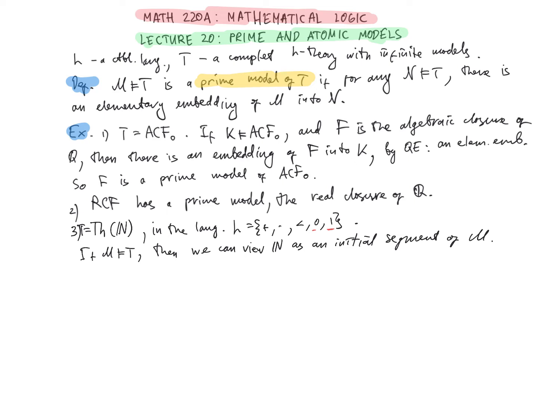Then we can consider the interpretation of the terms 1 plus 1, 1 plus 1 plus 1, etc. This will give us an isomorphic copy of the natural numbers in M. Now we claim that this embedding is elementary. We can check it using the Tarski-Vaught test.